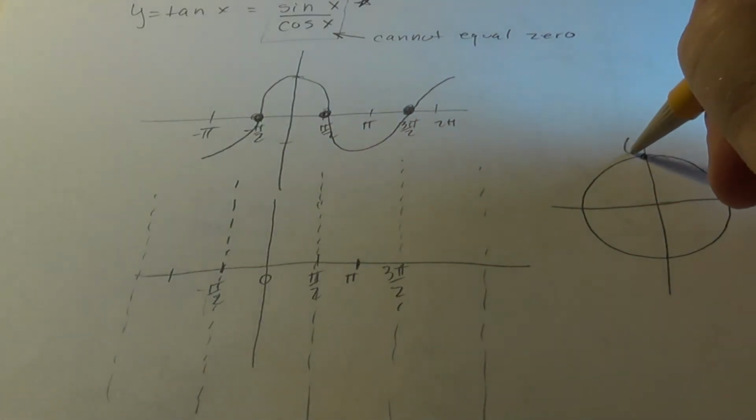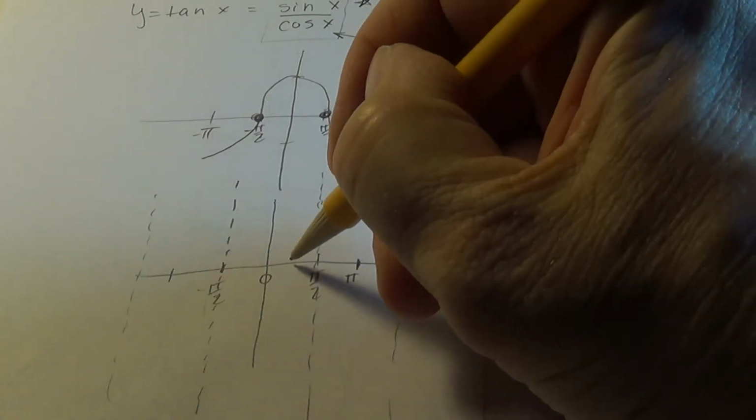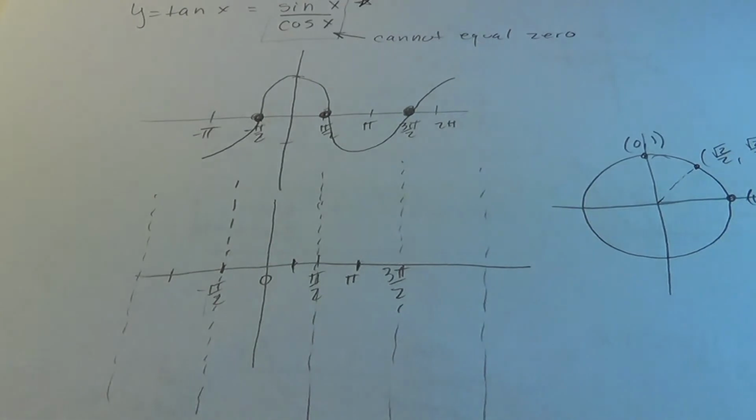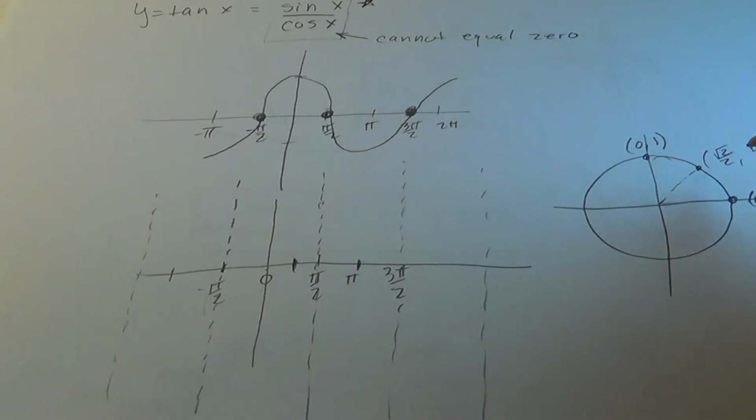This is 0, 1. And maybe this one right in the middle, pi over 4. You'll recall its value is square root of 2 over 2, square root of 2 over 2. So I'll put in pi over 4 right there. Pi over 4 is halfway between 0 and pi over 2. I'll put the tick mark there.